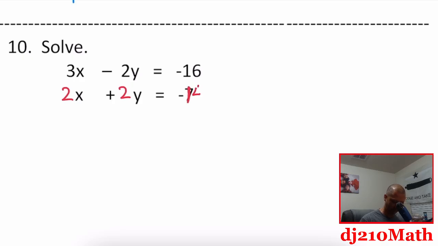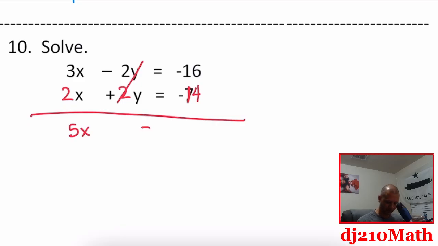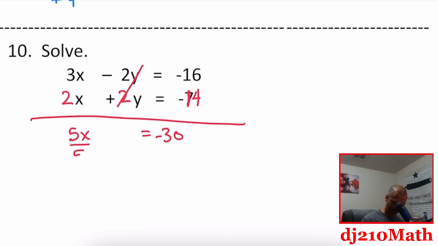So when we add, it cancels. 5x is equal to 10, 20, negative 30. So divide both sides by 5. And we see x is equal to negative 6.